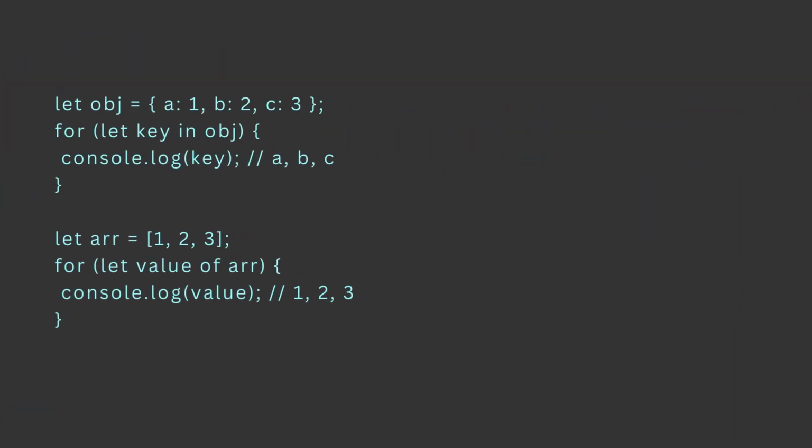This code demonstrates two different loops. The for in loop iterates over the properties of the object obj, logging each key a, b, c. The for of loop iterates over the values in the array arr, logging each element 1, 2, 3.